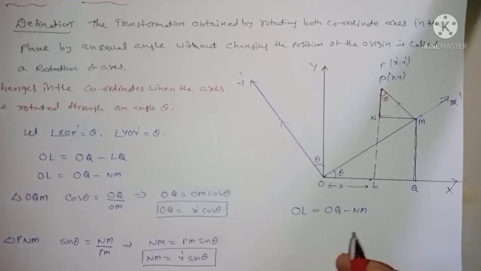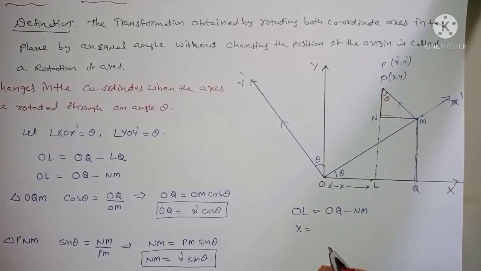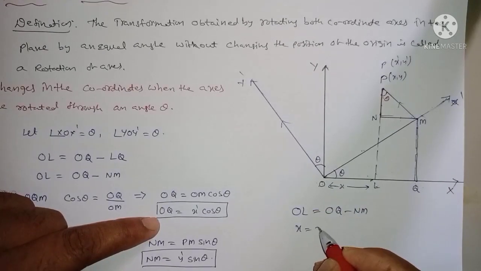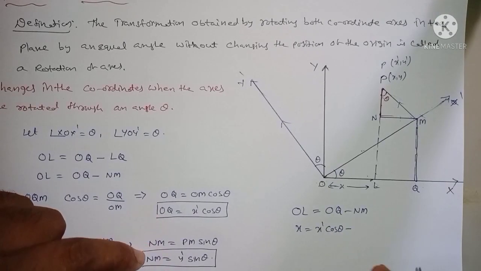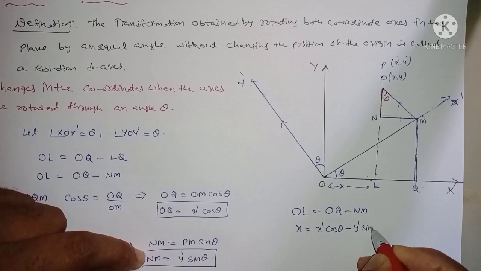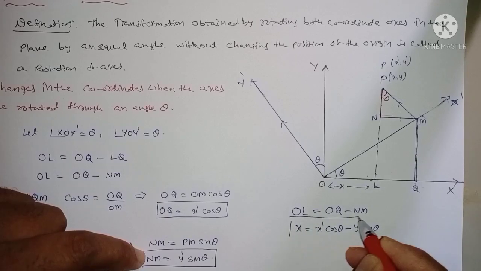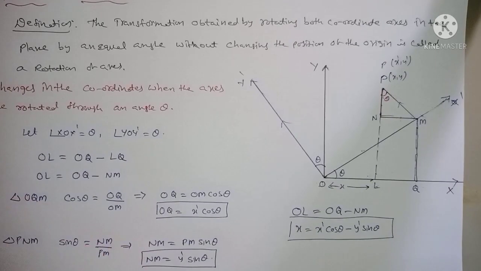So x is equal to x dash cos theta minus y dash sin theta. We got the x coordinate for rotation by the angle theta.